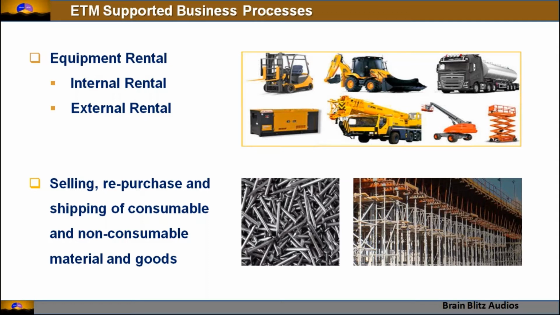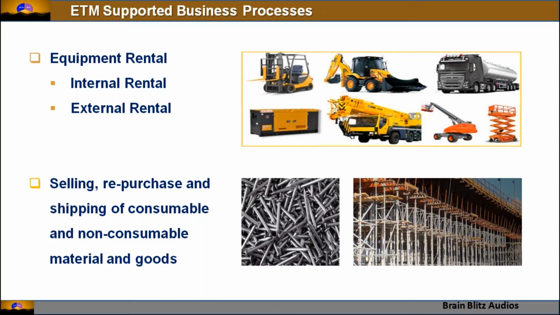This kind of scenario is handled in ETM. It's called the internal rental process. Here the department is really generating revenue. Otherwise it would become only a cost center, where you are just incurring cost, and they don't know the utilization, whether the available equipment is properly used or not. If you want this kind of information, then ETM comes into the picture.